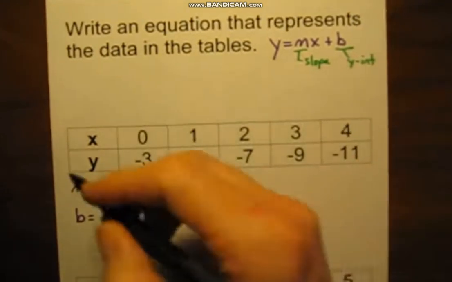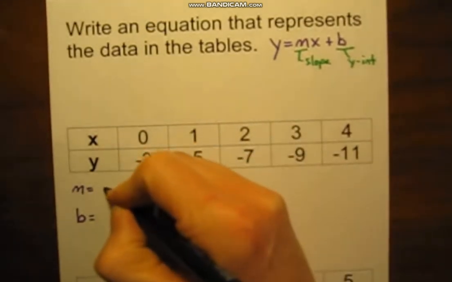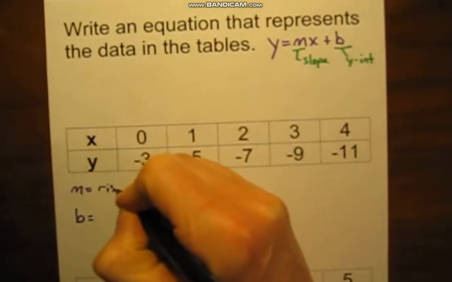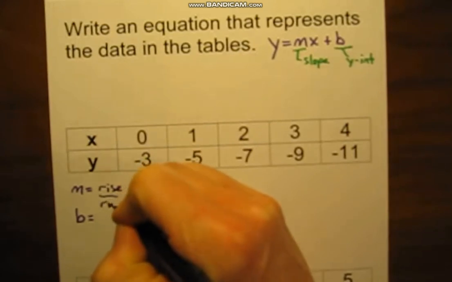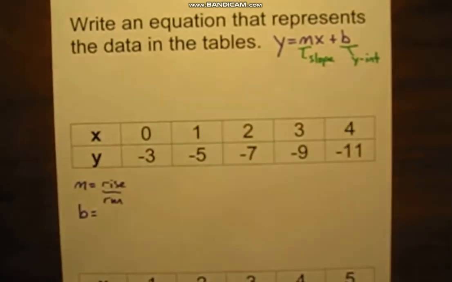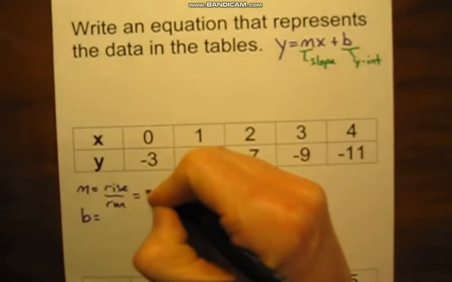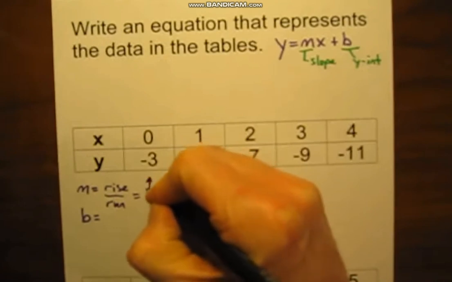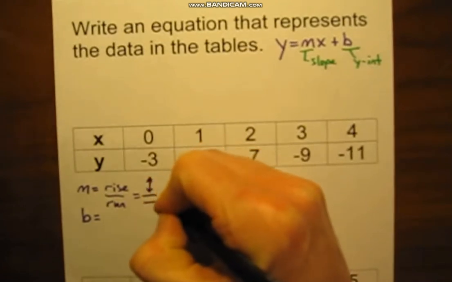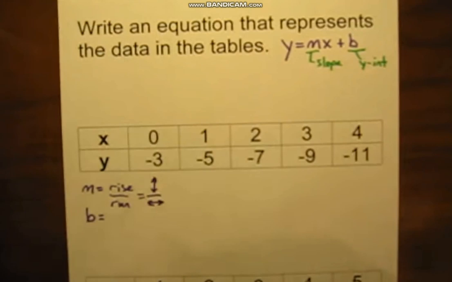First thing, remember that the m, the slope, is equal to rise over run. The slope is equal to rise over run. So what really that is looking at is how much it is going up and down versus how much it is going from left to right.